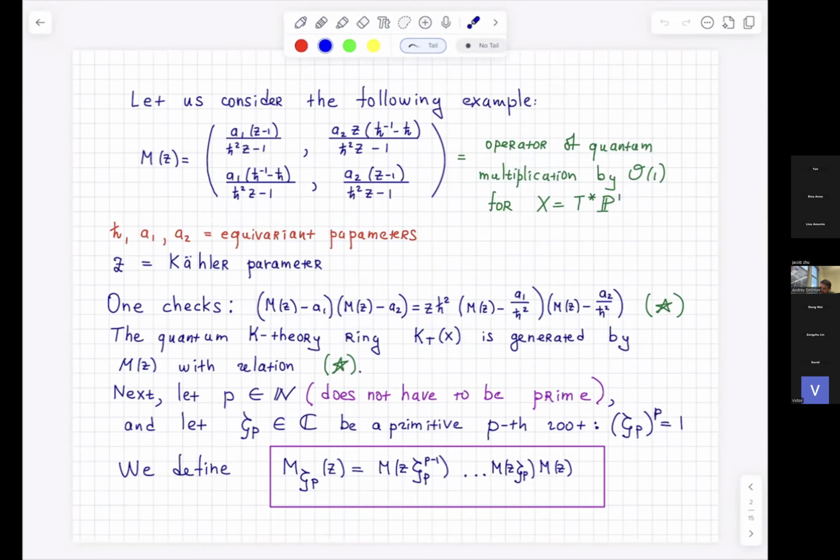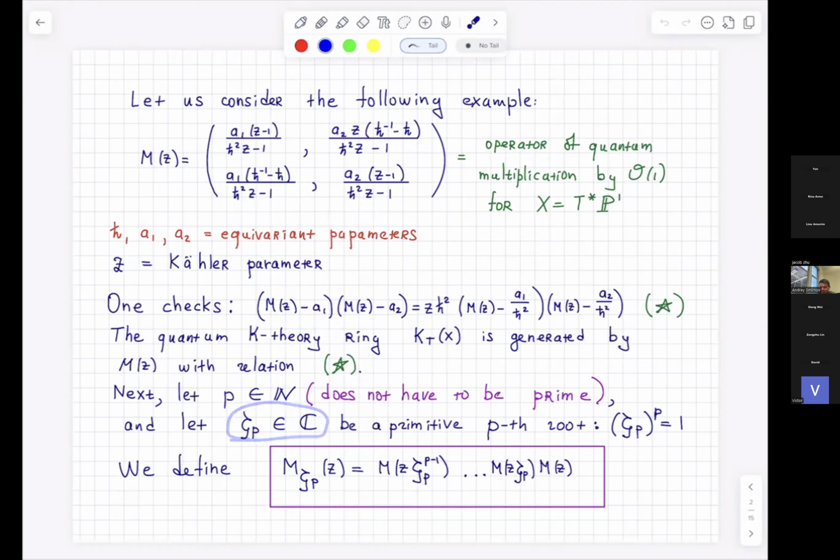All right, but now let's do the following thing. Let's pick a natural number p. I'd like to emphasize that today p does not have to be a prime number, at least for maybe half of the talk. And let's choose a pth root of unity.